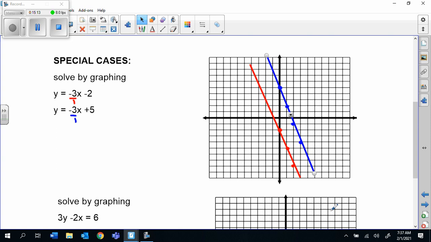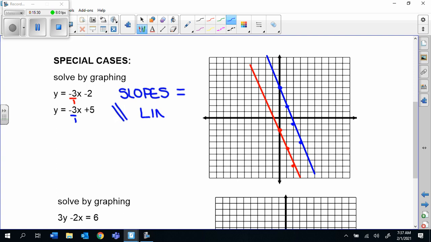They're never going to cross. They are parallel. So when the slopes are the same, or equal, just to save the writing space, we have parallel lines. And when that happens, they don't cross, so we literally say we have no solution.